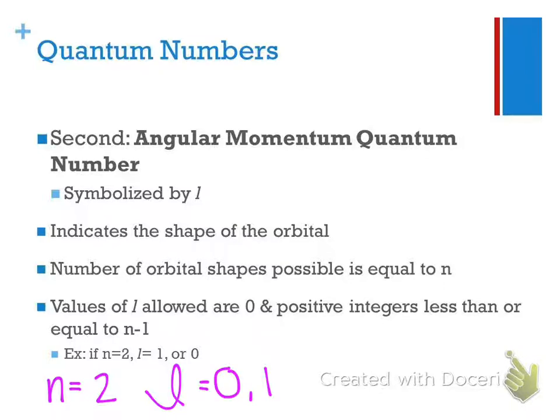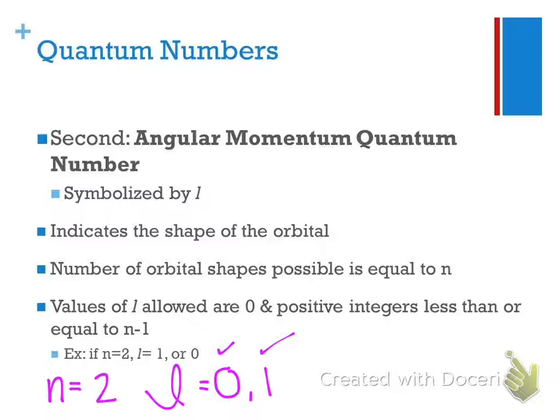We're going to get to that next part. But if I'm on the second energy level, I could have 2 possible orbital shapes. One of those shapes is indicated by a 0, and one is indicated by a 1. We will be able to look and identify one of those.